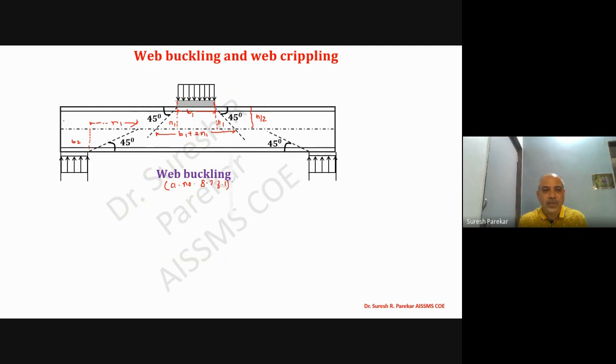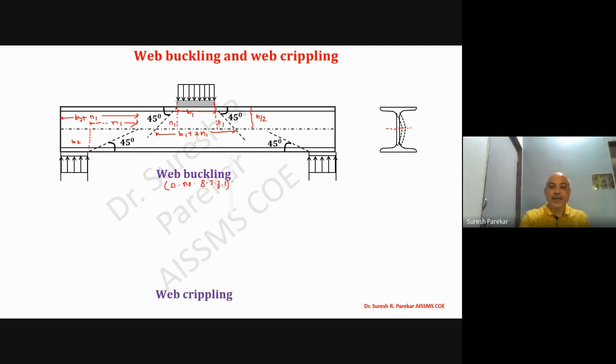And then we are going to get this total as B2 plus N1. So here we have it on one side only if we go to the supports. Likewise we have to go for the web buckling. So this is web buckling, clause number 8.7.3.1. Now then we can see this. We have buckling at the neutral axis, and therefore we are going to consider this width at the neutral axis.